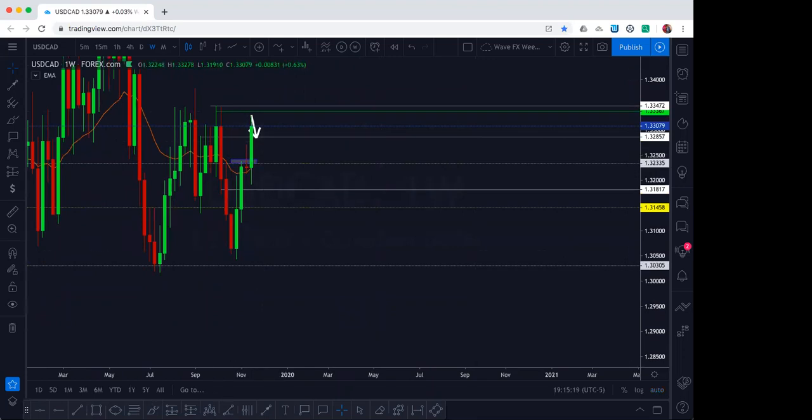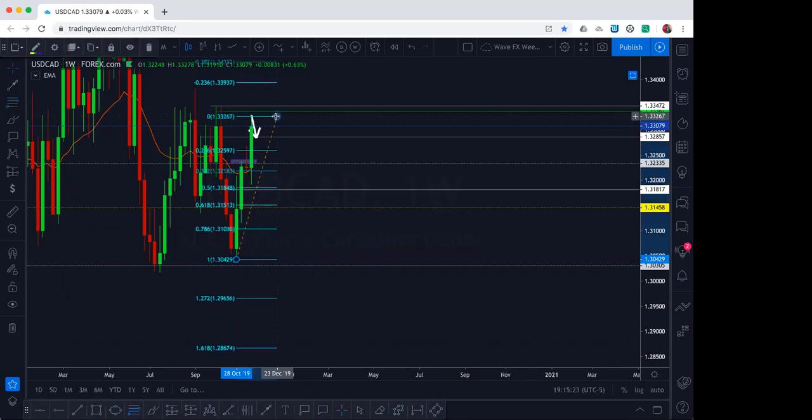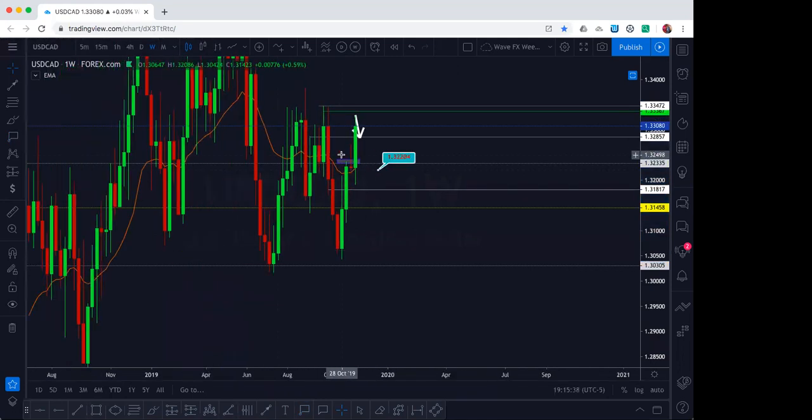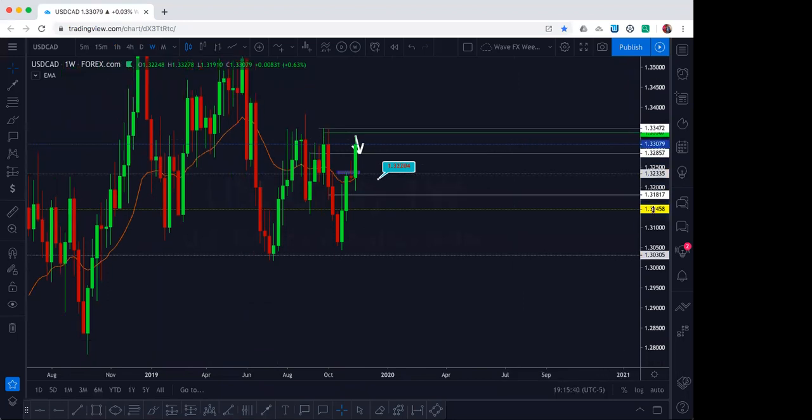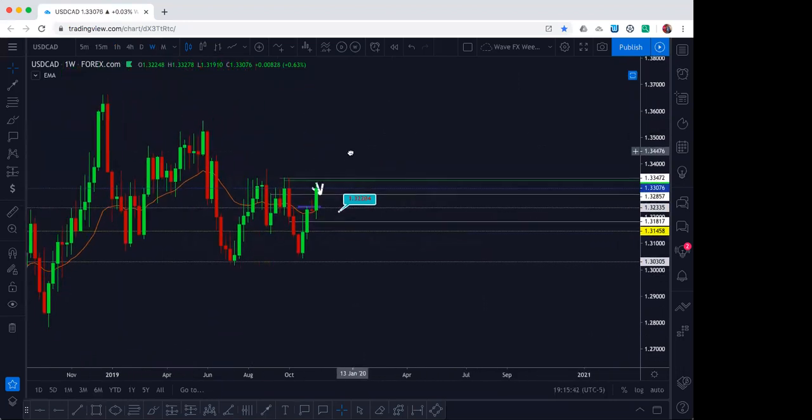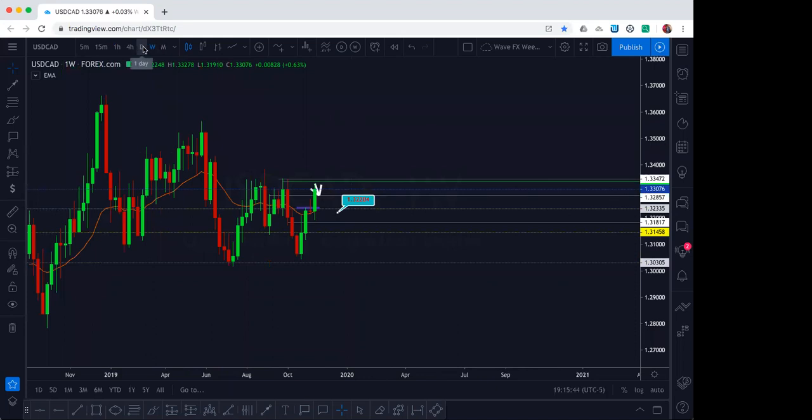And the area that we would probably want to be looking at for that retracement, first area ideally, based on the fib levels, would be around your 38 point. However, personally, I don't see the market coming back here with the strength that we're expecting out of the dollar.